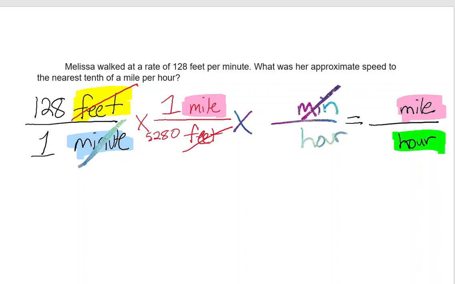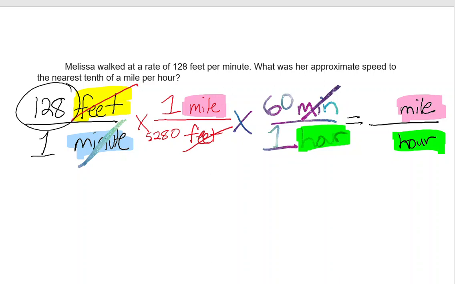How many minutes in an hour? 60 minutes is equal to 1 hour. Now we have it set up so we have hours on the bottom. So the only thing not crossed out now with units, miles on the top, hours on the bottom, everything else canceled. So when I do the computation, I'll be left with the number of miles and the number of hours. So let's do the math.